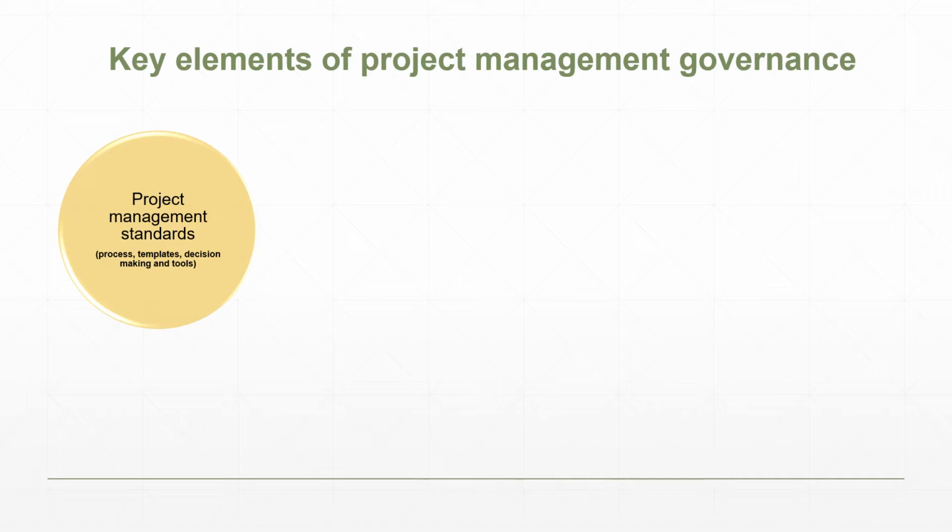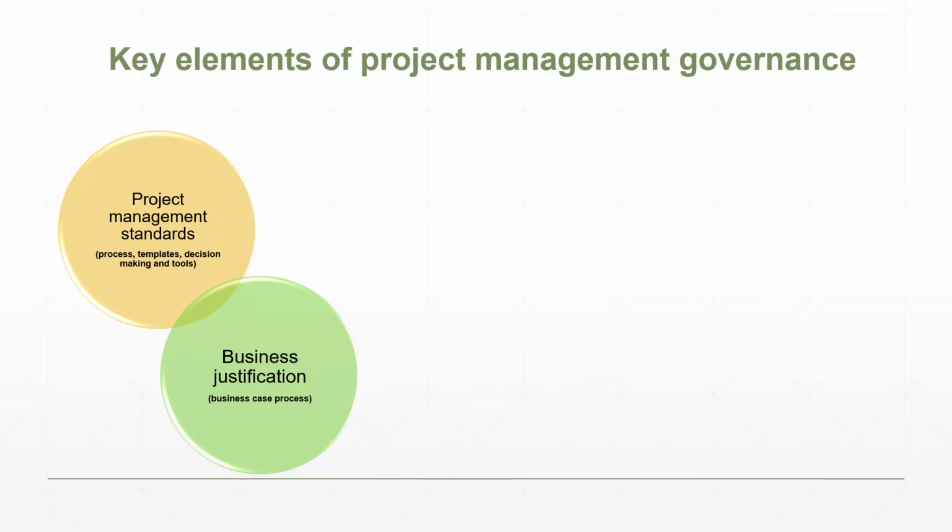These are the processes that come along with it. These are the templates that you must use. When you are delivering this particular project, these are the different decision-making forums that you need to go into. These are the tools that we expect you to use, and so on and so forth. So that is governance around that. This is how we govern the standards of project management and program management within our particular community.